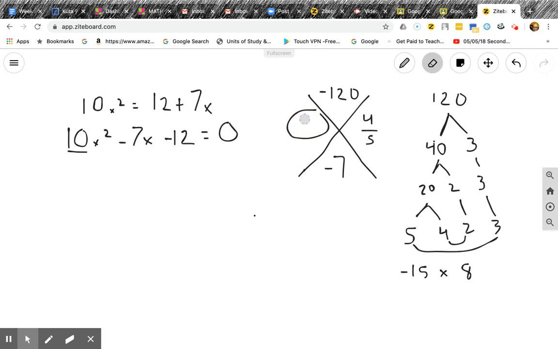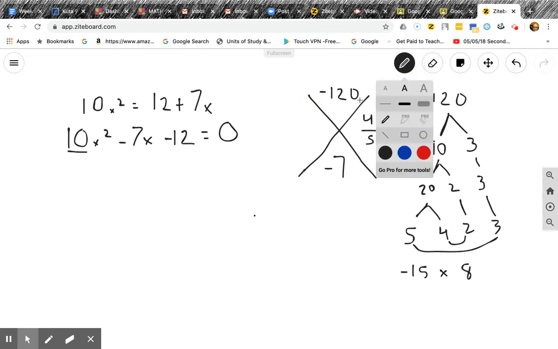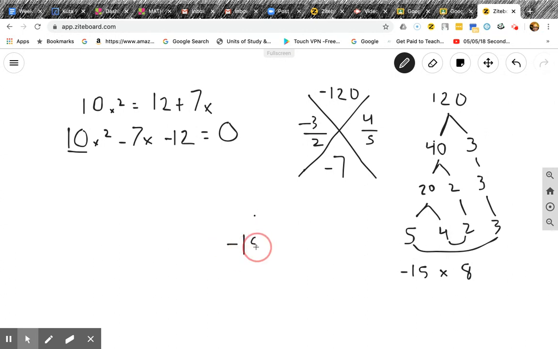Negative 15 divided by 10 is going to be negative 3 halves. Okay, so negative 15 divided by 10, divide both of them by 5, that gives you negative 3 halves.